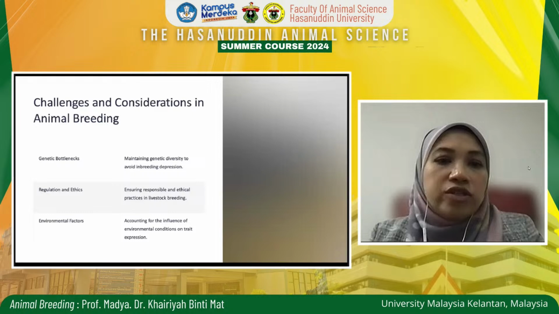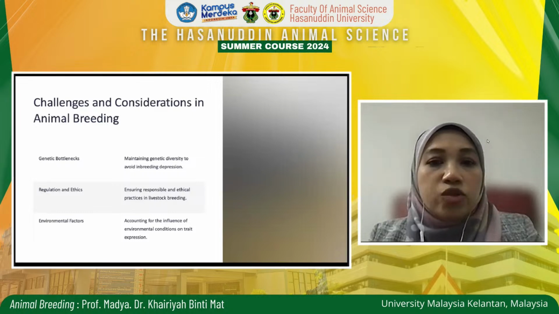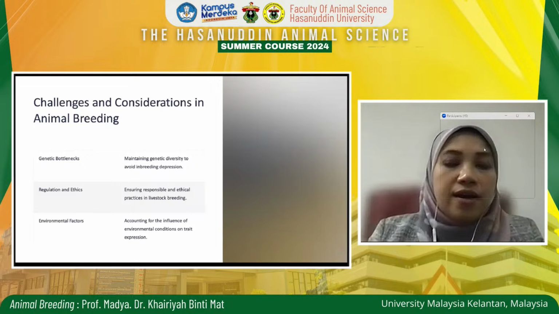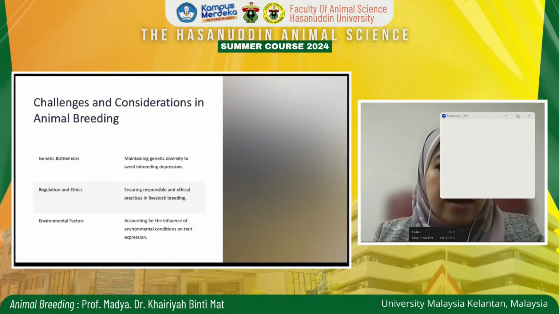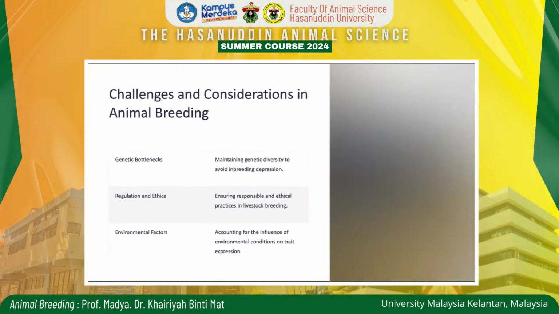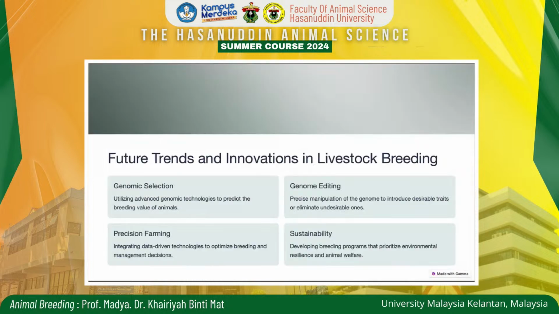Regulation and ethics: we need to ensure that responsible and ethical practice is used in conducting livestock breeding. Other than that, environmental factor is one of the major factors we need to consider as well, the influence of the environment, because the environment will cause the traits to evolve, or to make sure that the animal can survive the environment, or environmental change.